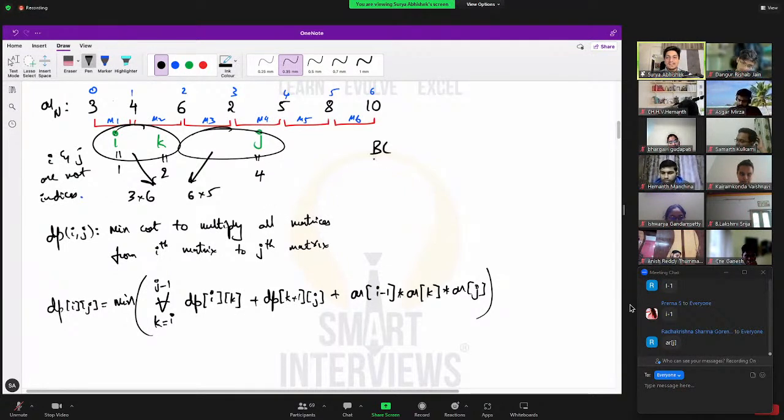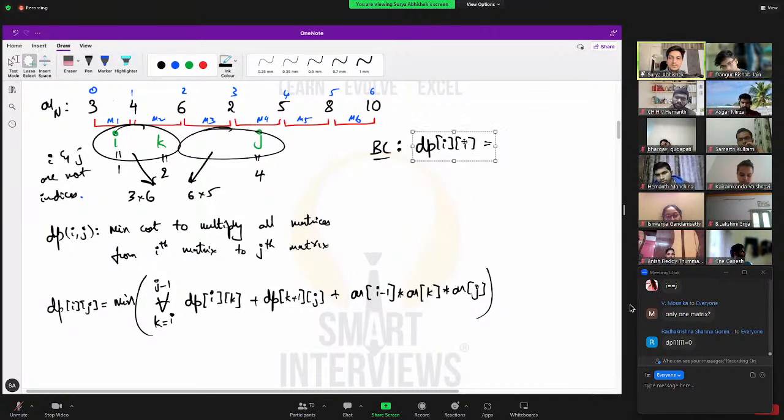What will be the base condition here? Only one matrix. Exactly. What will be the time taken to multiply only one matrix? dp of I, I is equal to 0.